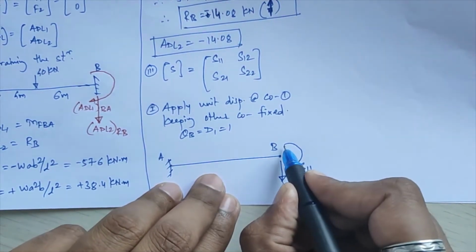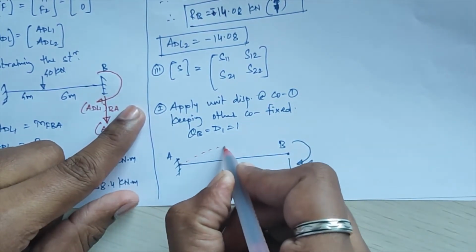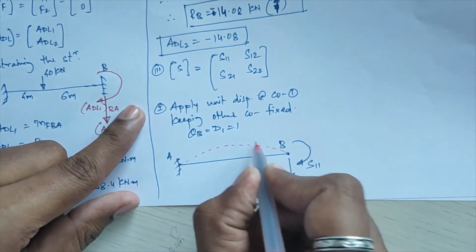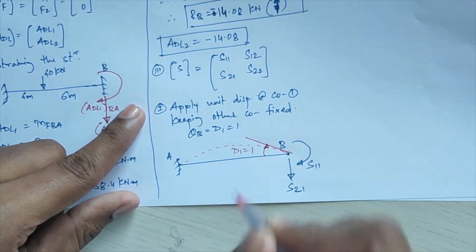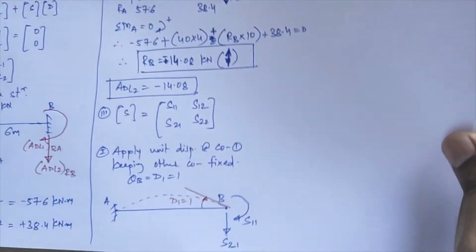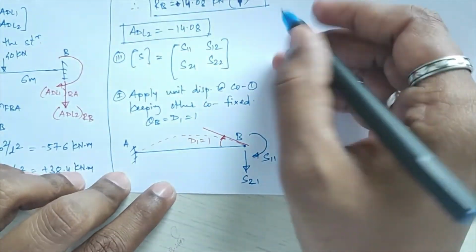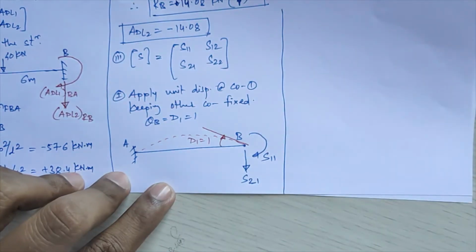So here you have to apply theta B is equal to 1, so that will be following an upward path over here, which will show this theta B or D1 value is equal to 1 here, right? So for that you have to calculate the value of S of 11 and S of 22. Okay, I'll solve here. S of 11 first.